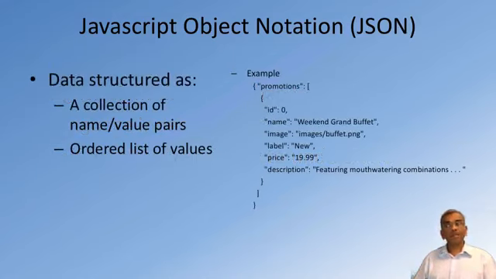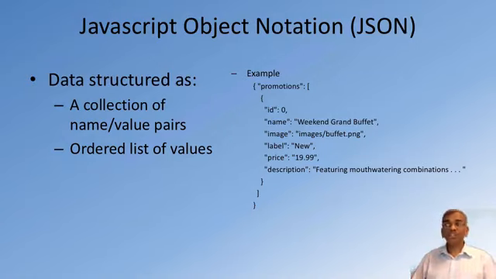In the JSON format, the data is structured in a very clean, specified manner. This is structured as a collection of name-value pairs, and this is structured as an ordered list of values. You can see an example of this on the right-hand side here. We have actually used this JSON data within our Angular application already earlier.